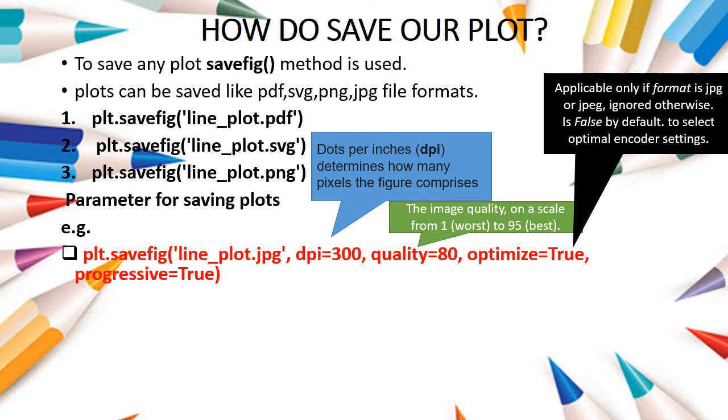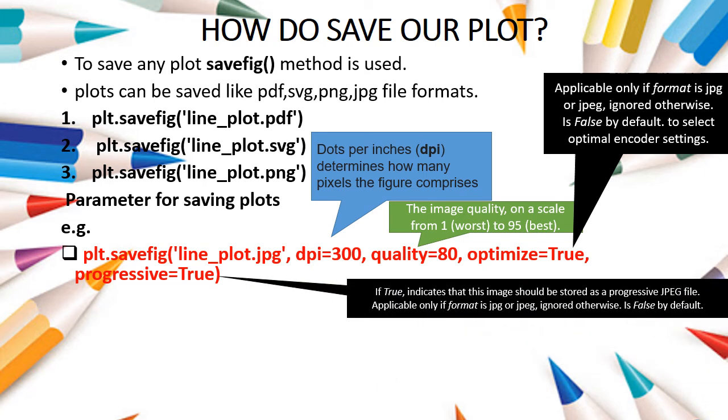It is useful only while you are using JPEG format, otherwise it is false by default. And progressive also can be used only with JPG format. If you give progressive true, it indicates the image is stored as a progressive JPEG file.